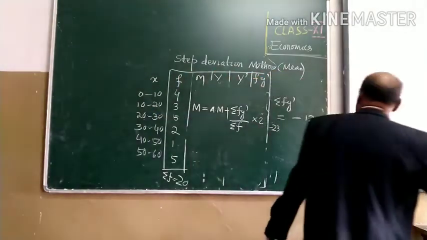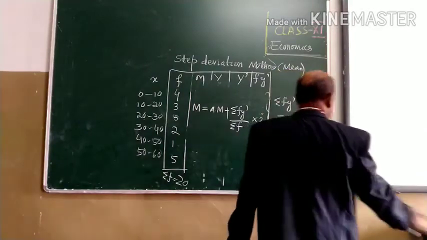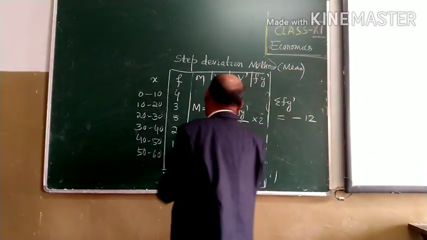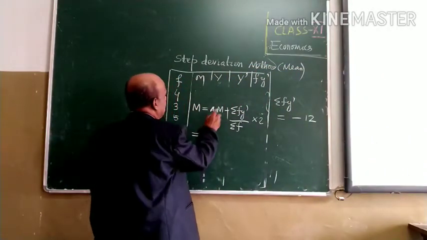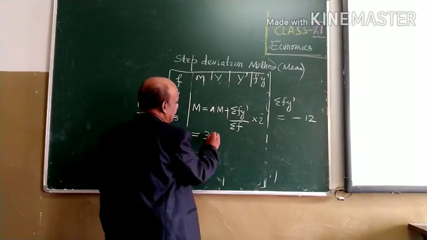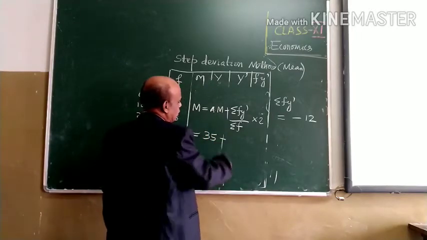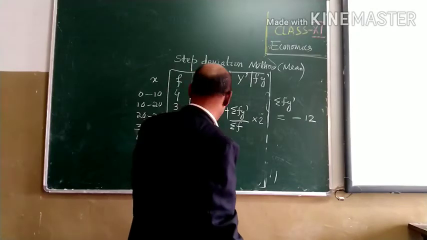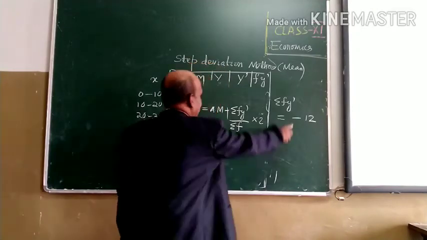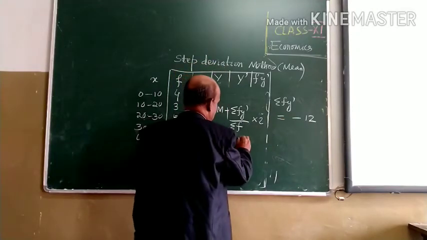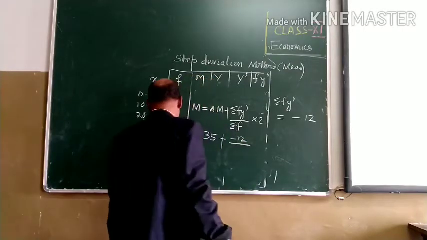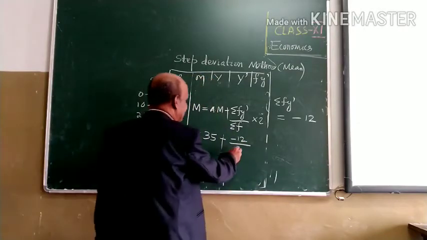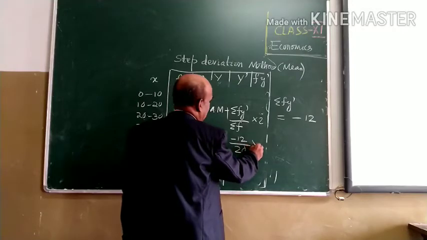So what we will get by substituting the values: we already considered assumed mean 35, sigma fi dash we got minus 12, divided by sigma f 20, into class interval.